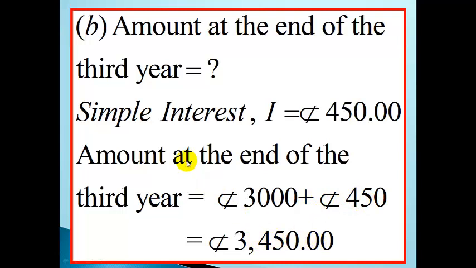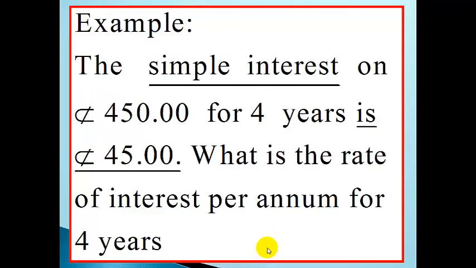That means that the amount at the end of the 3rd year will be equal to the principal plus the simple interest within the 3 years, which is 3,000 plus 450 cedis, and this is equal to 3,450 cedis.